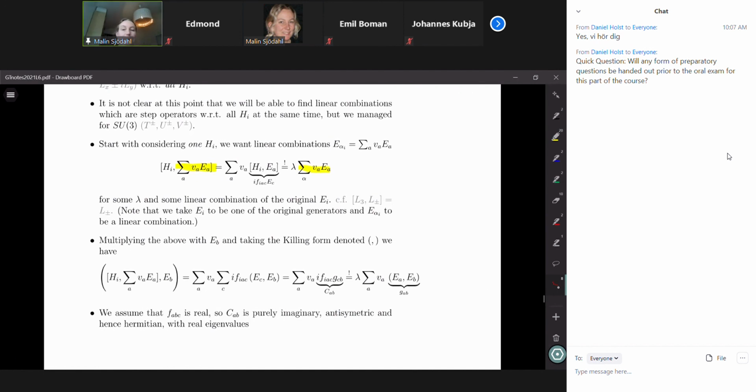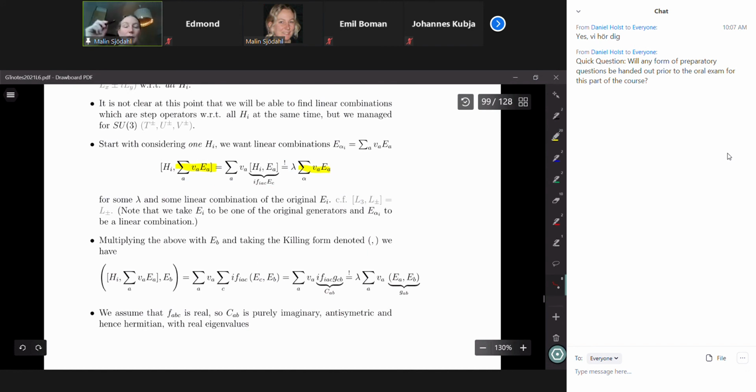Then we make use of our Killing form. So we take the expression that we have up here, and we multiply it with EB, and we take the trace. So we take the Killing form, and I denote it in this way. Here we have the Killing form of this element with this element. This piece here comes from this piece here.